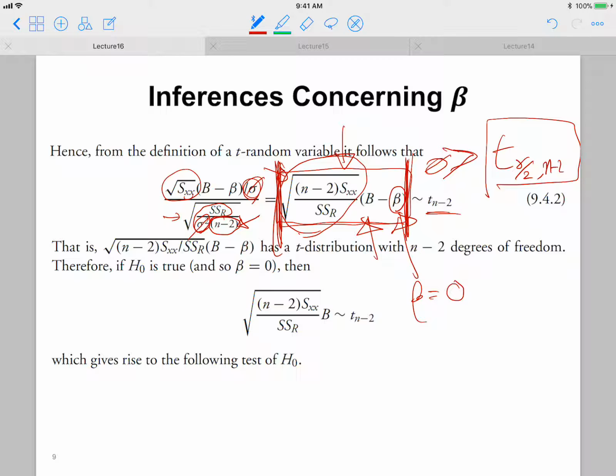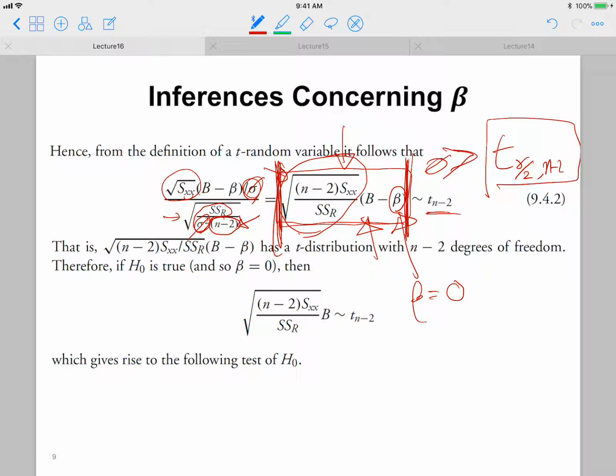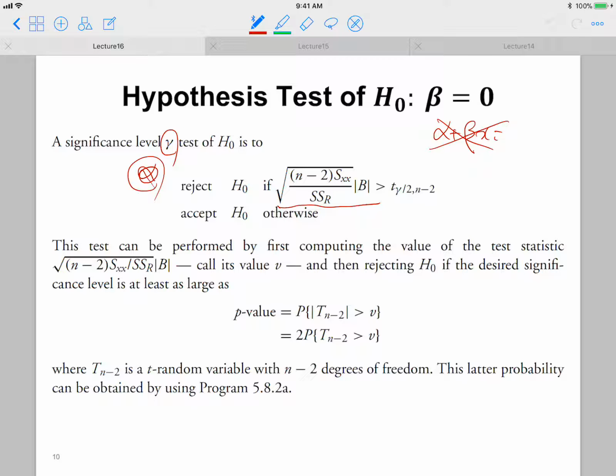And why? Our testing is always performed assuming that the null hypothesis is true, right? And so we have to plug in this beta value as 0. So we put 0 here, and then only put the absolute value sign on this b. And so we obtain this statistic as the final one.